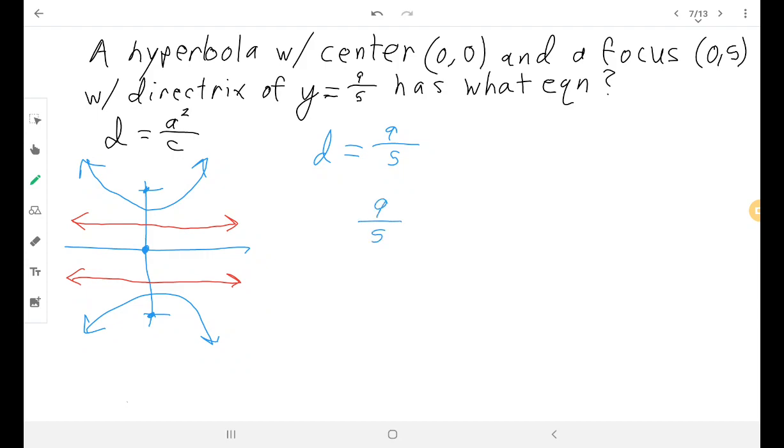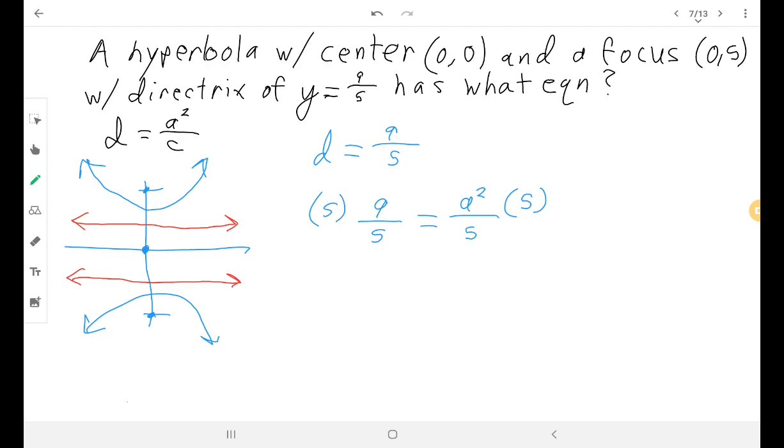So 9/5, the d distance, is equal to a squared over the c distance, which is 5. Okay. Now, I know you look at that and you go, oh, I know how to do that. I can look at that and almost divine the answer. I'm going to do the math just to be sure. We're dividing by 5, so to get a squared by itself, I need to multiply by 5.